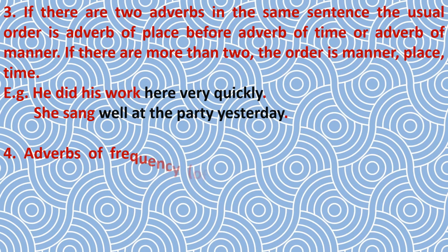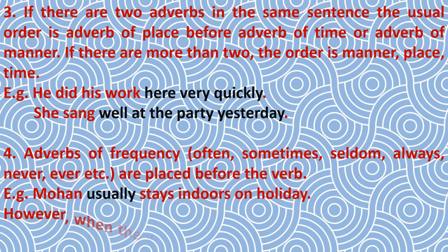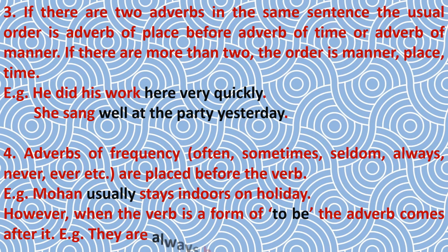If you find two adverbs, the rule is that you place the adverb of place first, then the adverb of time or manner. But if there are three, the order is manner, place and time.